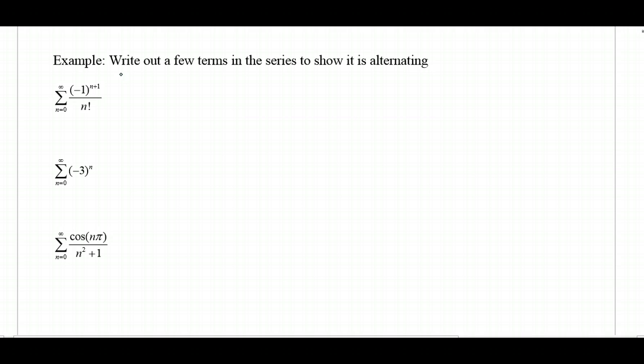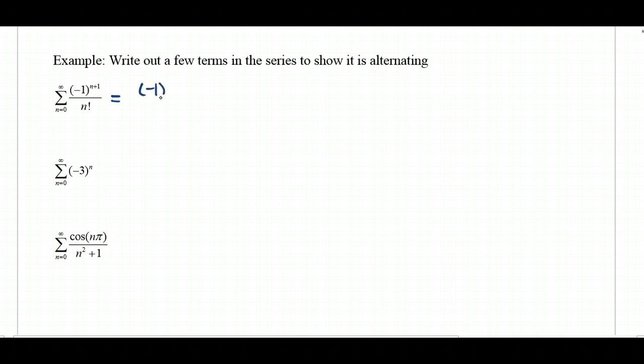Alright, for these first few examples, we want to write out a few terms in the series to show it is alternating. So we have the sum from n equals 0 to infinity of (-1)^(n+1) over n factorial. We're just going to start by substituting in 0 for n.